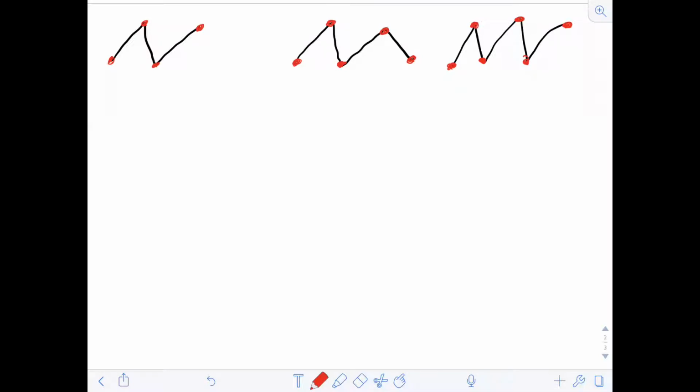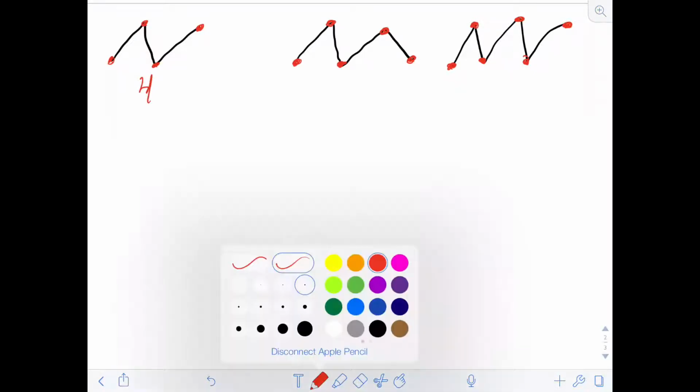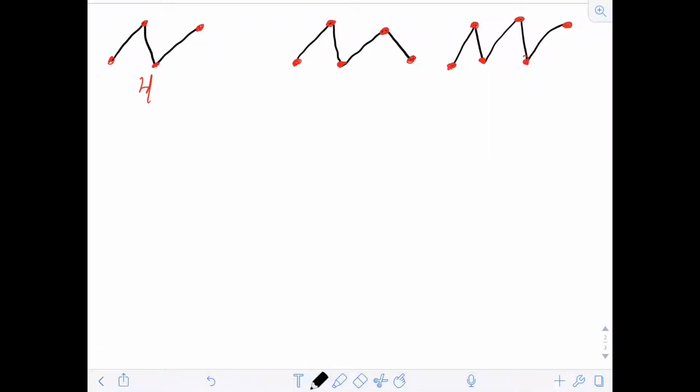If you want to go ahead and count through these, you've got 1, 2, 3, 4 carbons here. And 1, 2, 3, 4, 5 carbons here. And 6 carbons here. So you're pretty much going to count every point.